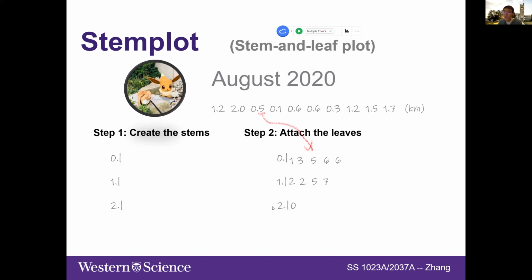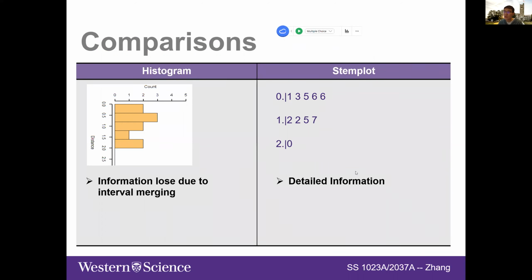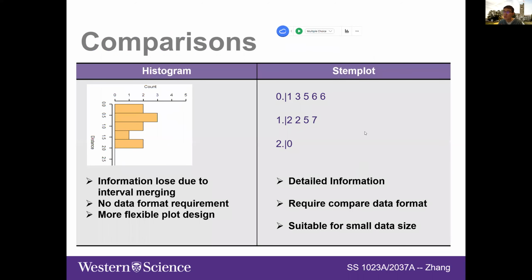That's exactly the problem for stem plots. If we have 1.22, then we have to put 22 over here, but this is really confusing. So this type of data is not suitable for a stem plot if we have something like 1.22.